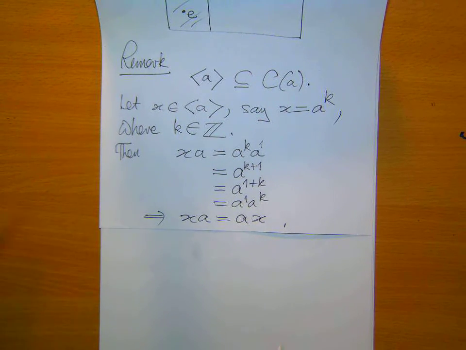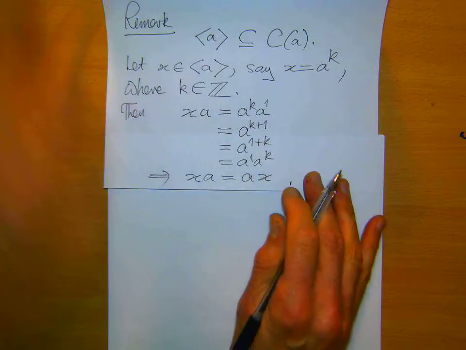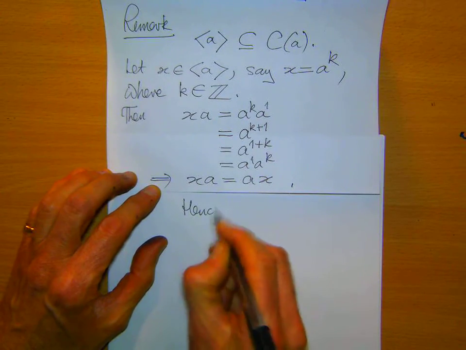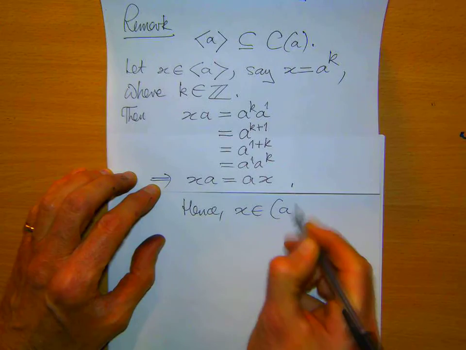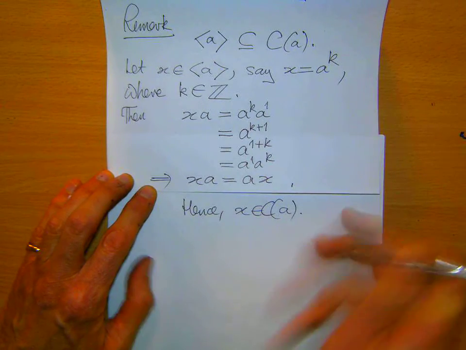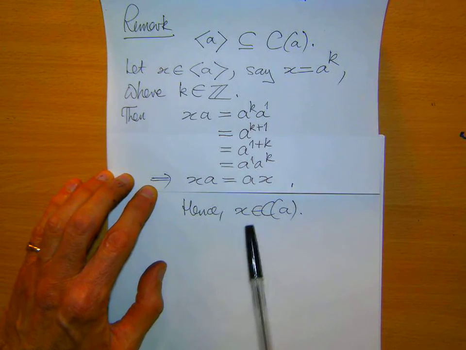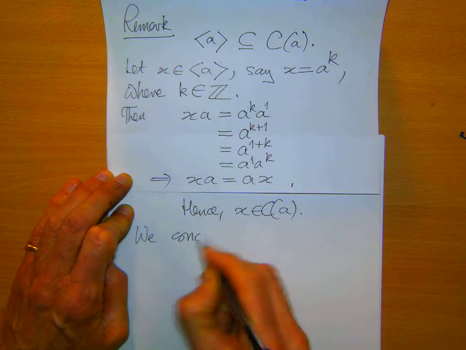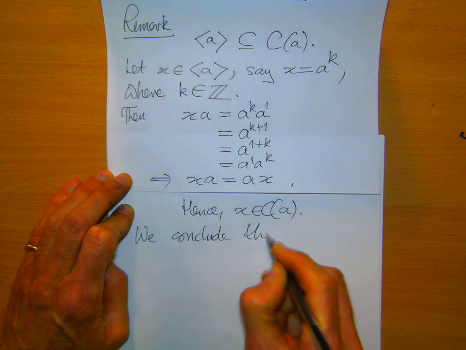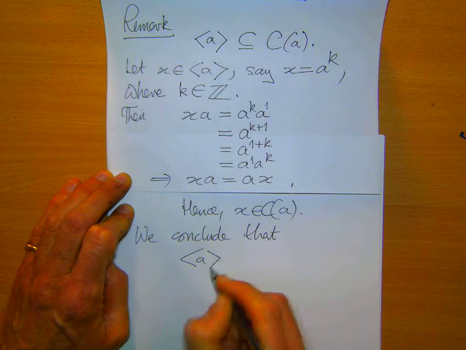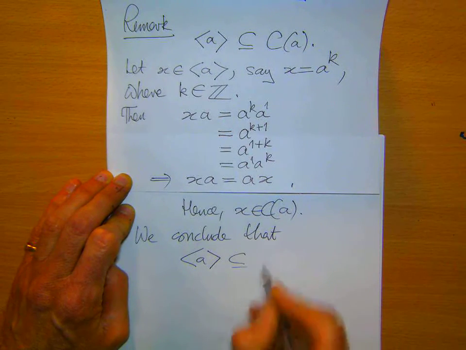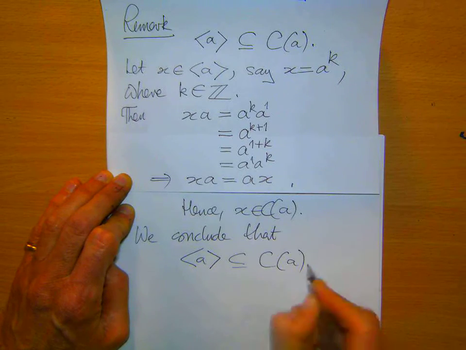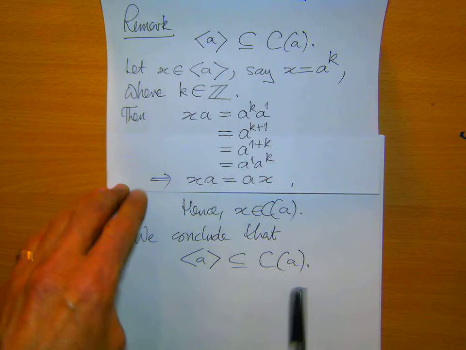Okay, so that means that X is in C of A. So I started with something in pointed brackets A, I've deduced that it's also in C of A. So that means that pointed brackets A, the subgroup generated by A, is a subset of C of A. In fact, it's actually a subgroup.